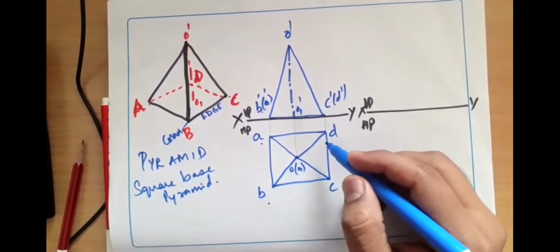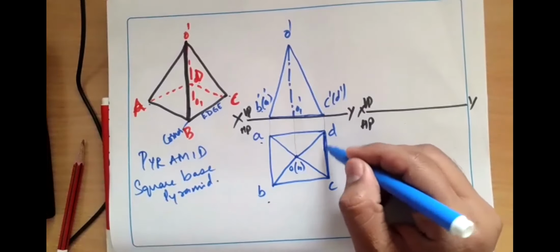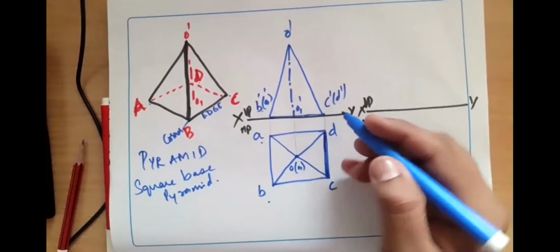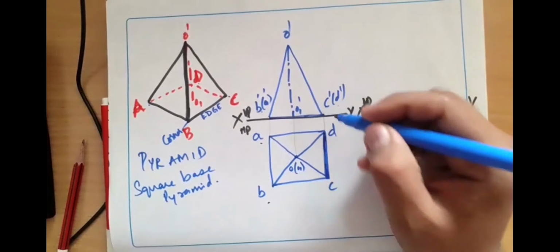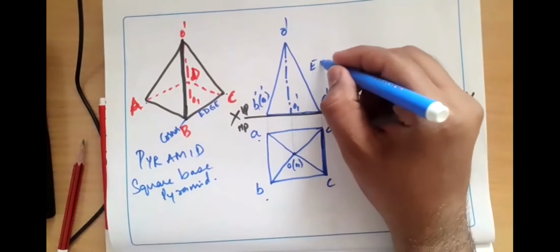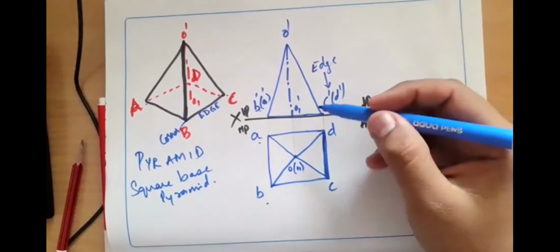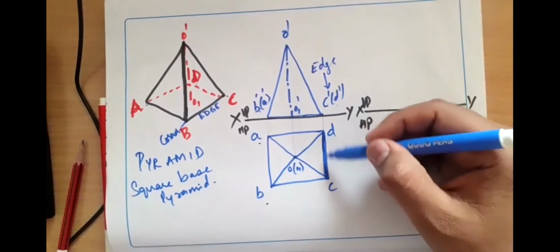And I am keeping this edge on my right so that if it is resting on an edge, there will be two names, C dash of D dash. This is an edge. When it is having two names, then that is an edge.